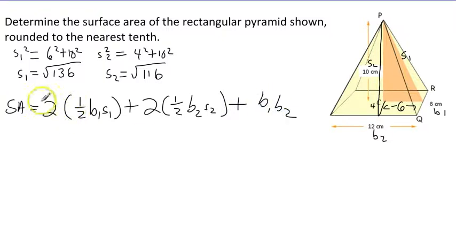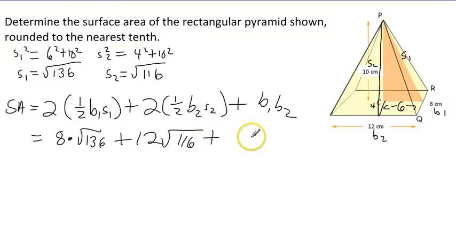So this 2 takes care of this face and this face, and this 2 takes care of the front and the back face, and this B1 B2 takes care of the rectangular base. Okay, 2 times a half is 1, so it's just B1, 8, times S1, which is root 136, plus 2 times a half is 1, so it's 12, root 116, plus 8 times 12.